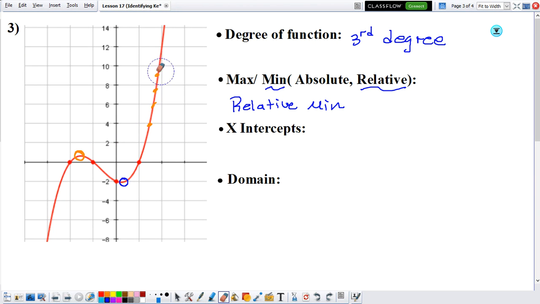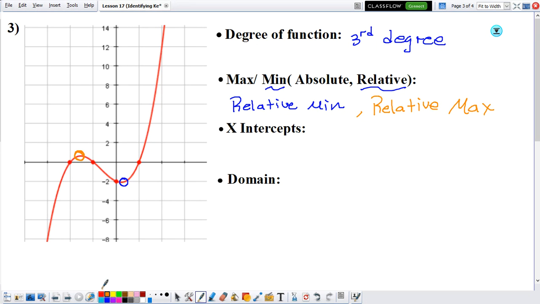No. We have other points here on the right. So we're going to call that a relative maximum. Okay, so we have a relative maximum in blue here, and we have a relative minimum. What did I say, minimum? That's a maximum. Sorry. A relative maximum at this point, because that's a high point, not a low point.